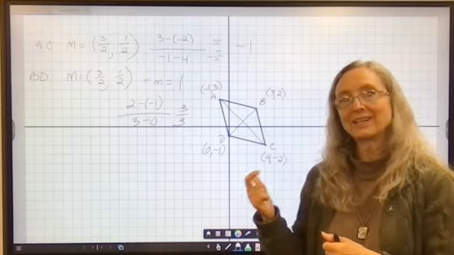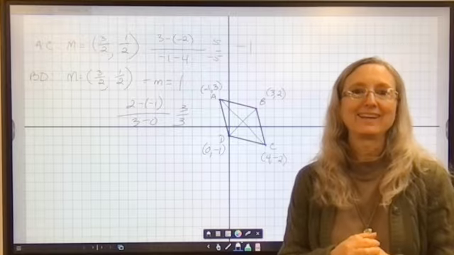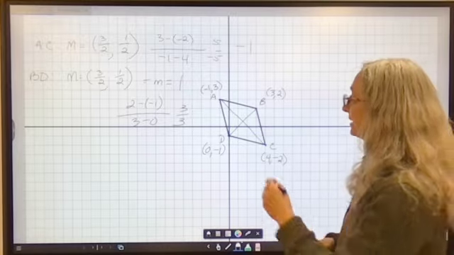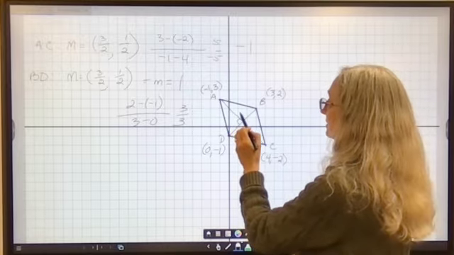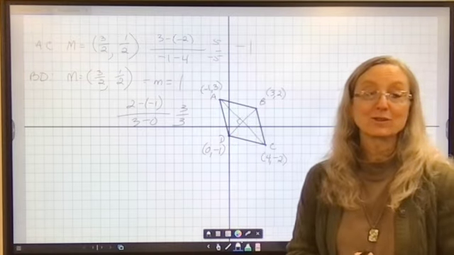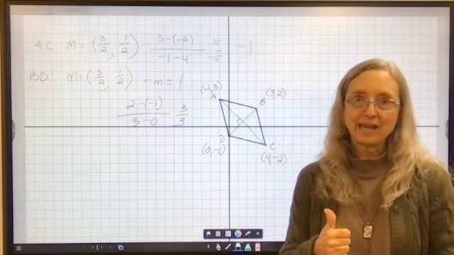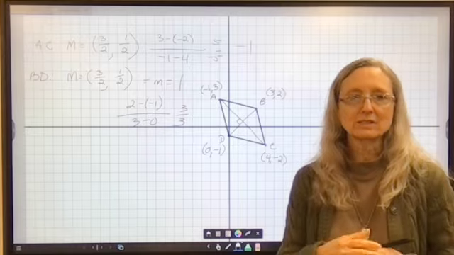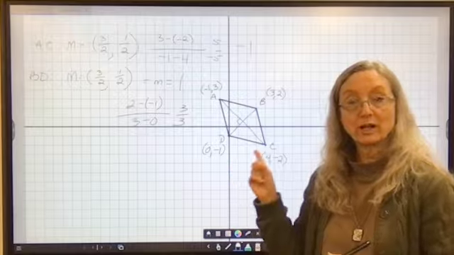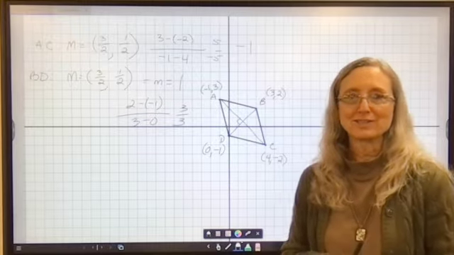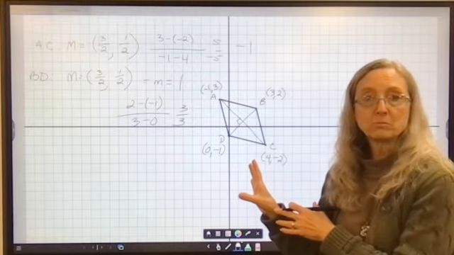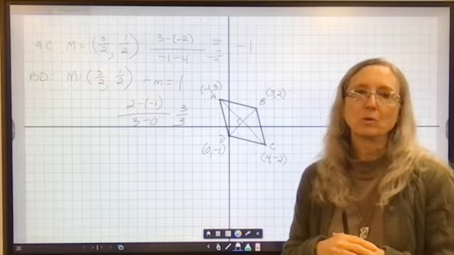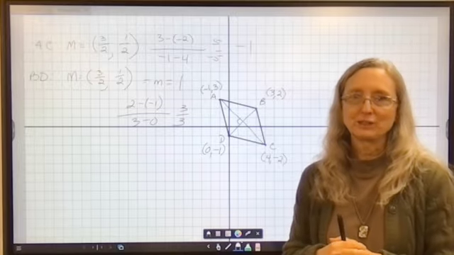If I multiply negative 1 times 1, my answer will be negative 1. These two diagonals are perpendicular. That means it's a rhombus. This is why knowing the characteristics of the different parallelograms will help you when you try to do this. So we found that it's a rhombus without having to do quite as much as we did by looking at all the sides.